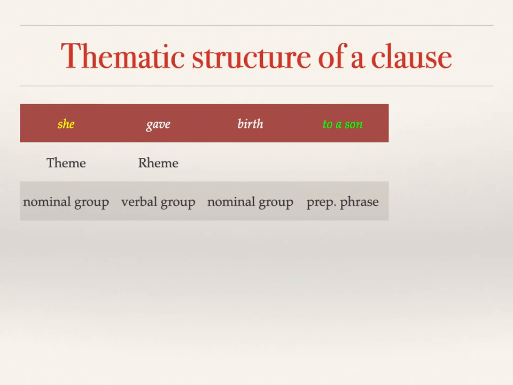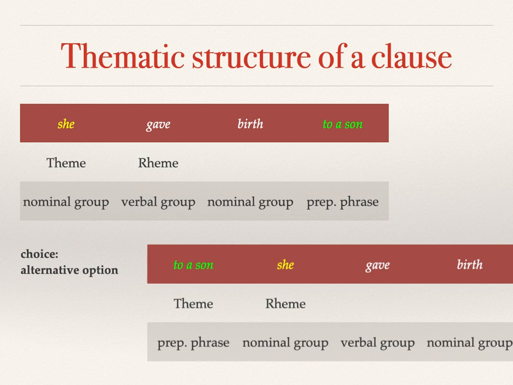But this is typical. So in another point in this early part of the folktale, she says she gave birth to a son. The theme here is she, and the rest is a non-theme, rheme. But the storyteller could have chosen to say, for example, to a son she gave birth.